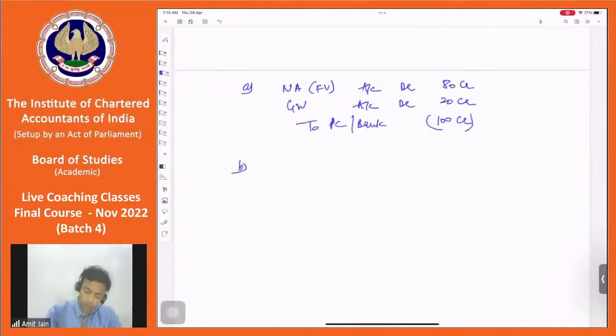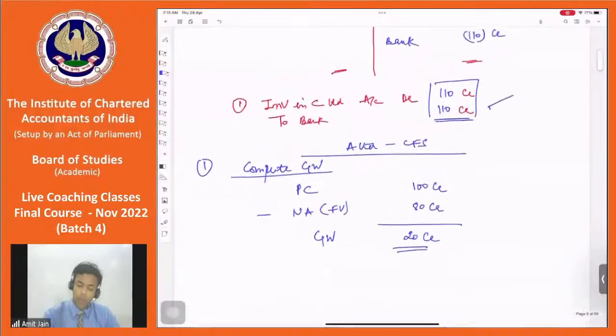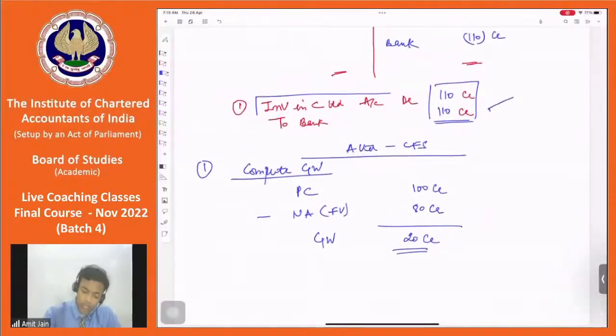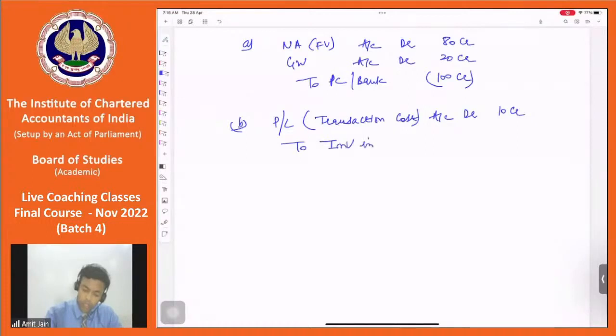Okay, the second entry will be the transaction cost, which we have recognized in the standalone financials in the investment account, and which will be charged to P&L. So what should I do? P&L, transaction cost account debit 10 crore rupees, to investment in C Limited 10 crores.